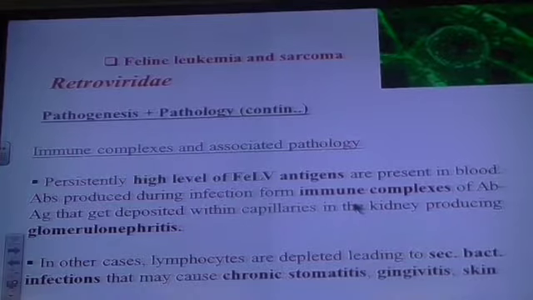How is this relevant in terms of diagnostic tests? If you have complex of virus with antibodies, or complex of antigen with antibodies, and you're looking for antigen, you may not find the antigen being there.